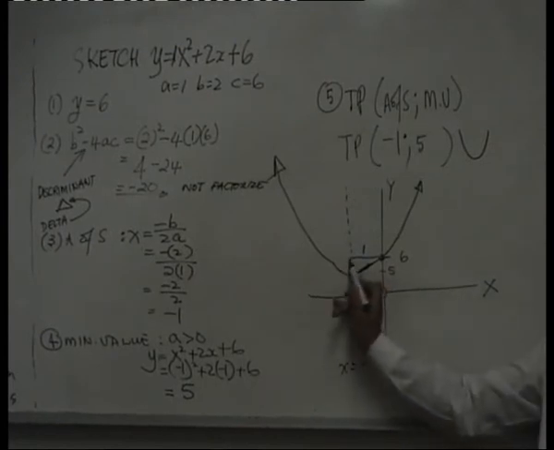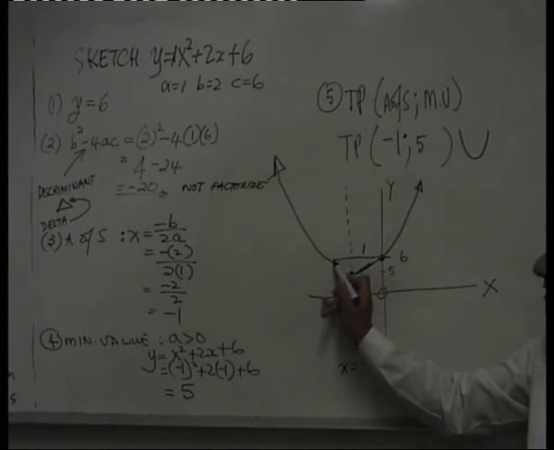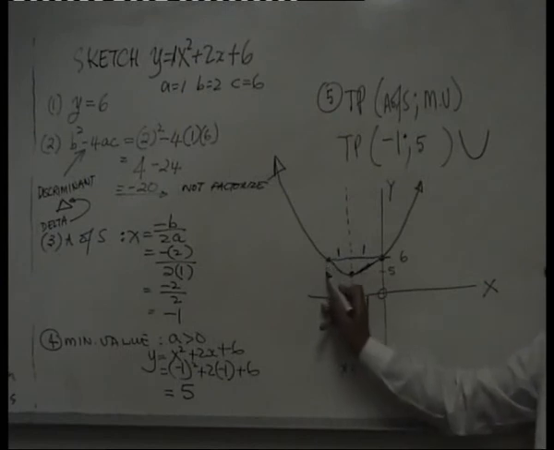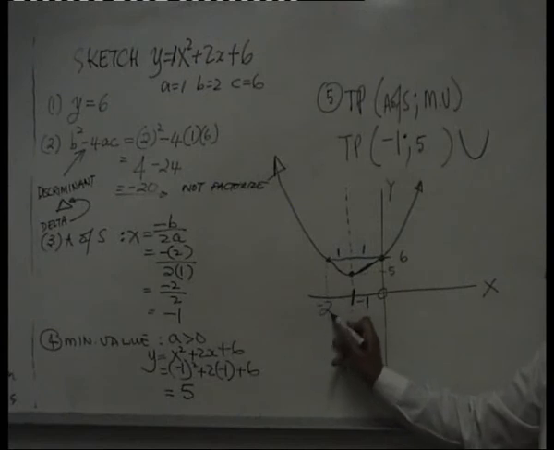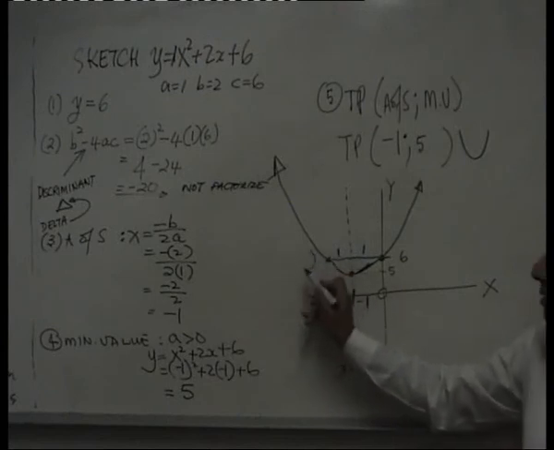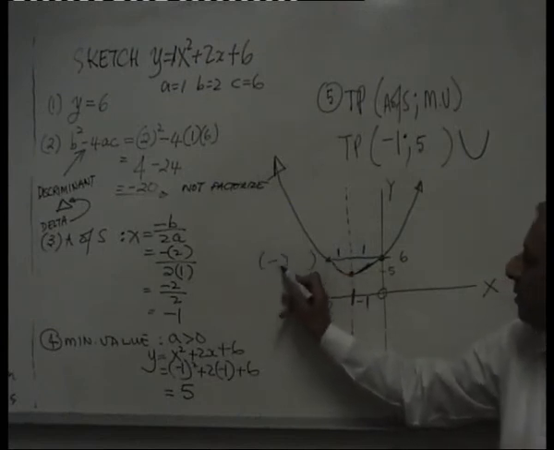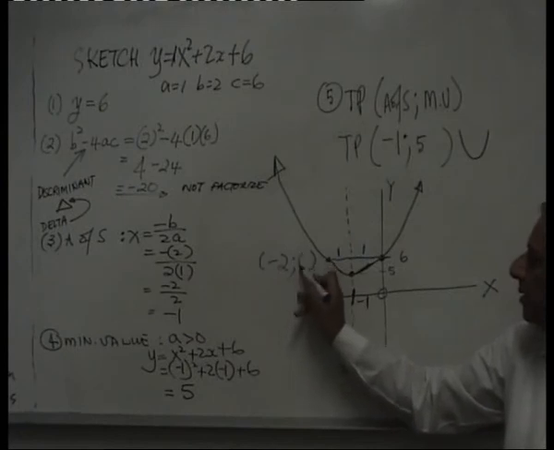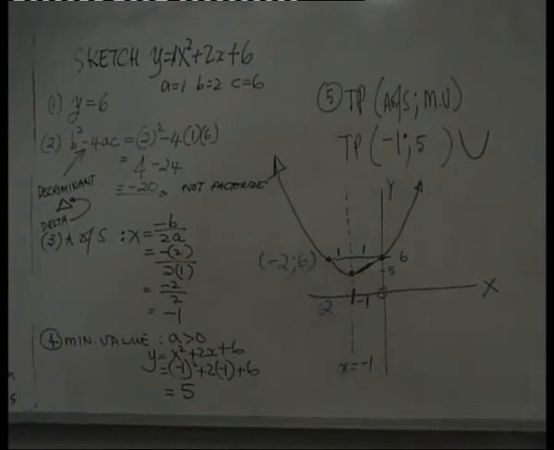Therefore, there will be another point on the other side, exactly 1 unit away. So in other words, there will be another point here, minus 2, 6.